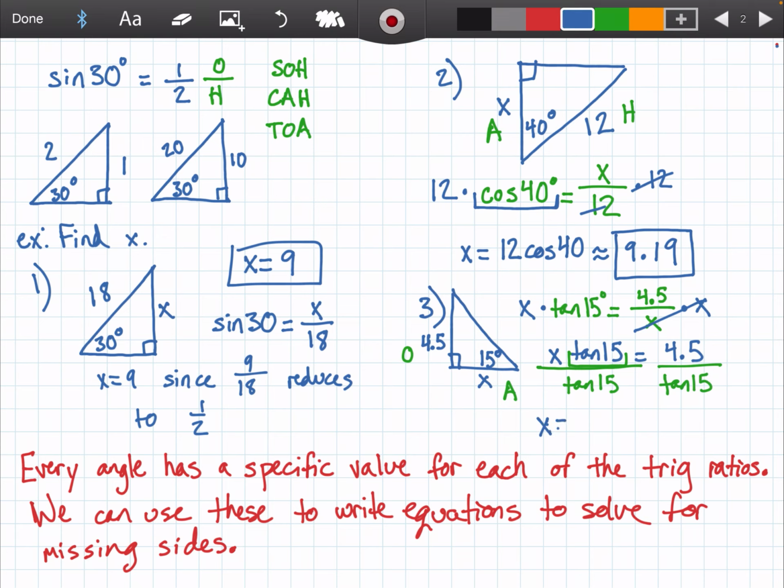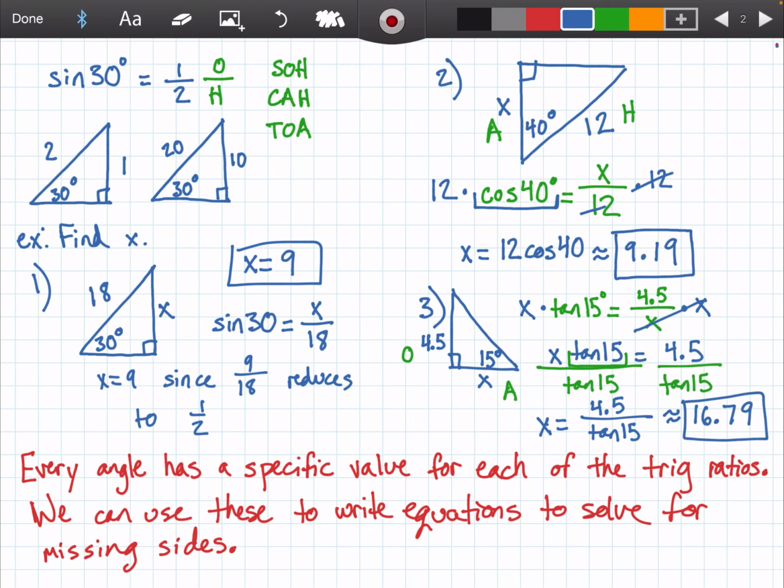So x is going to be 4.5 divided by tangent of 15. And so I can type that in my calculator, 4.5 divided by tan 15. I get 16.79.